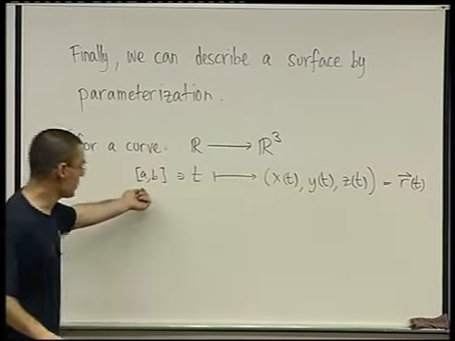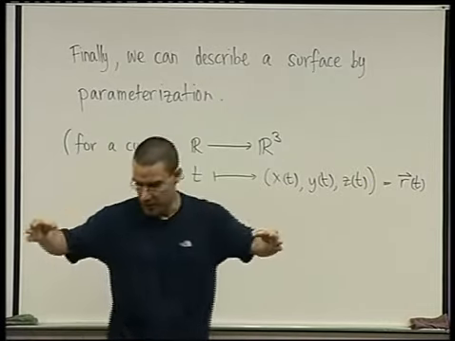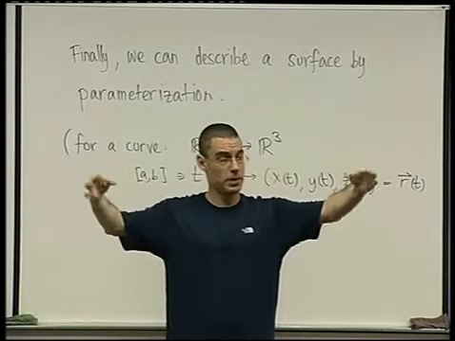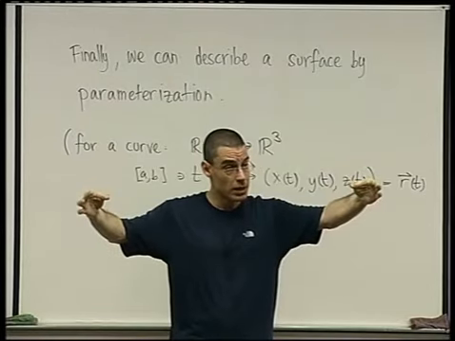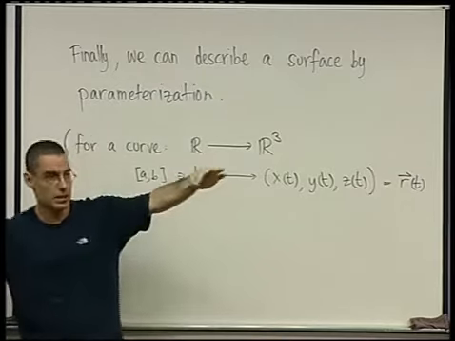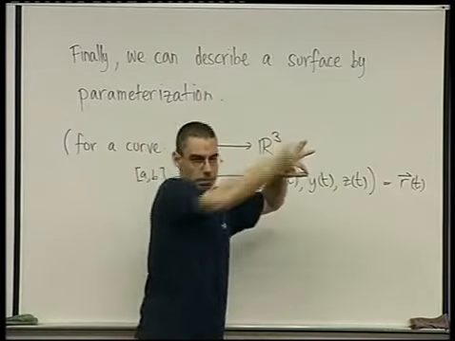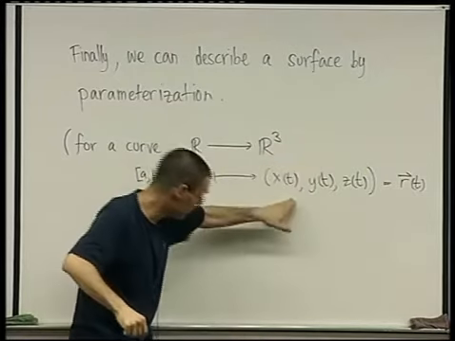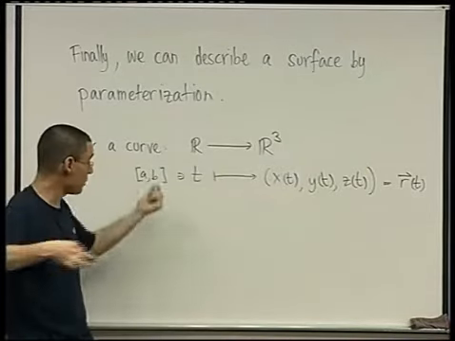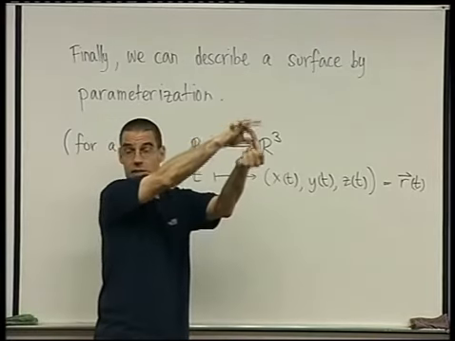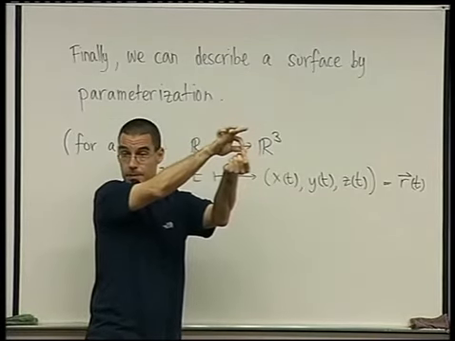Pictorially, how to picture something like this, you should be thinking of taking a long piece of hair or string, boing, that's this, and then fitting it in three-dimensional space like that. Every t corresponds to some point x of t, y of t, z of t in space.